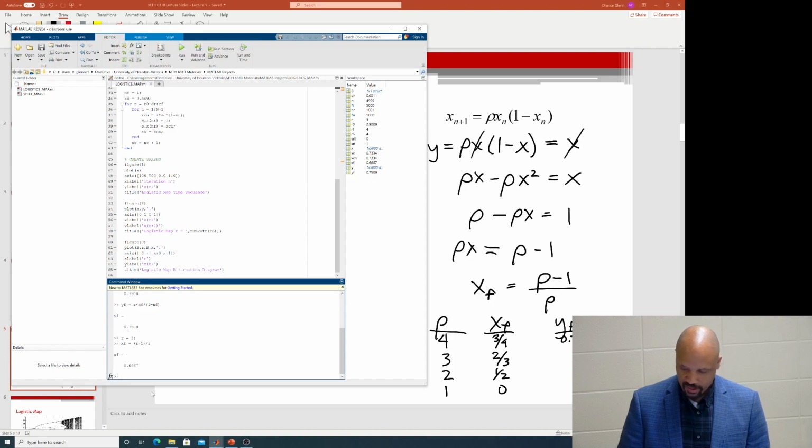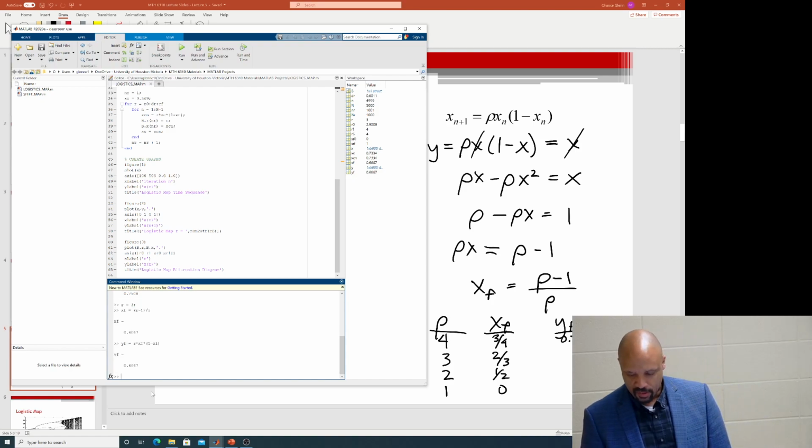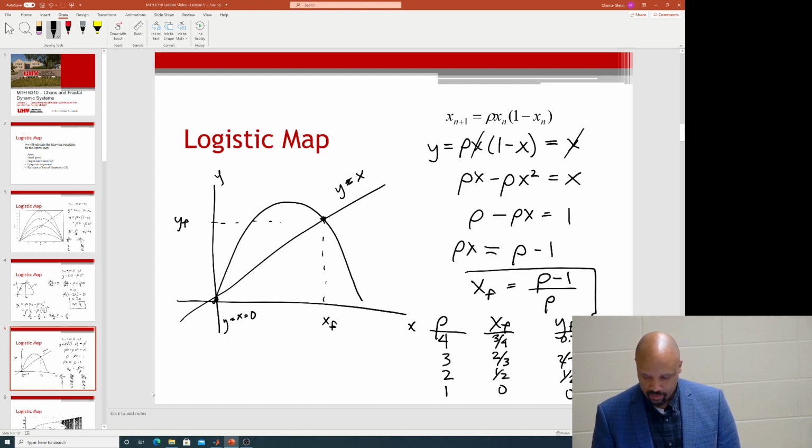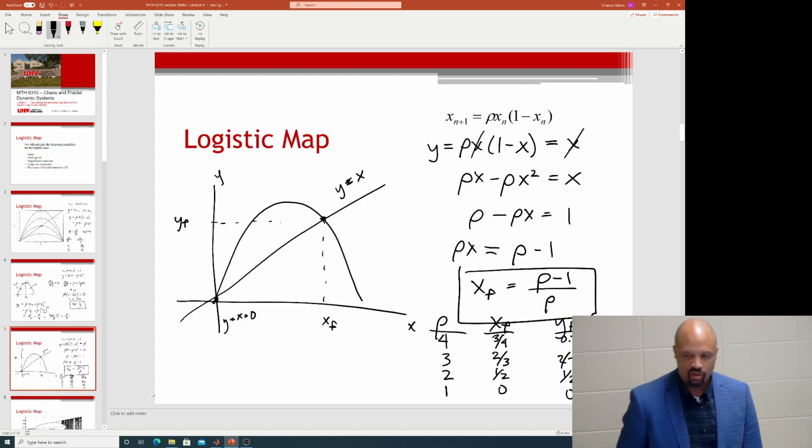So now you can see it's 2/3, which makes sense. And then we're going to go to yf and see that's also 2/3. So now we've proven that we found the right formula for that, and that is this. So that is your fixed point.